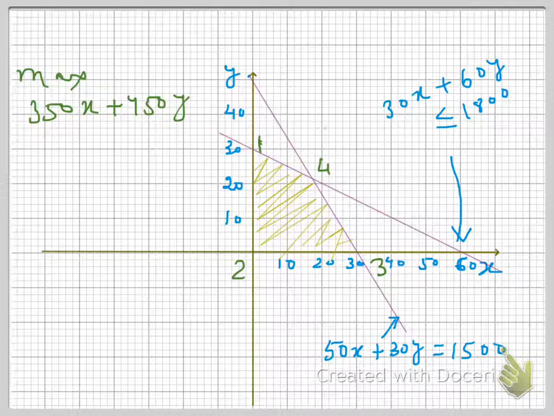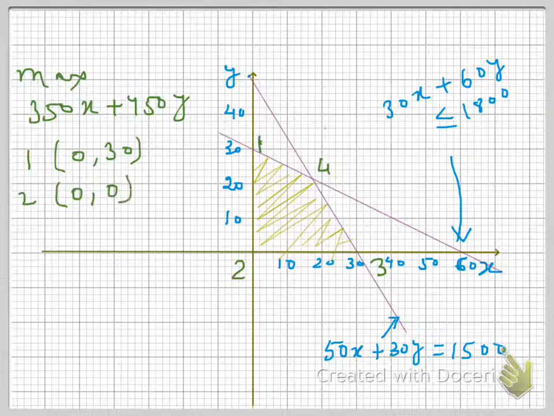The extreme point 1, that is x equal to 0, y equal to 30. Extreme point 2, that is 0, 0. Extreme point 3, that is 30 and 0. And extreme point 4.